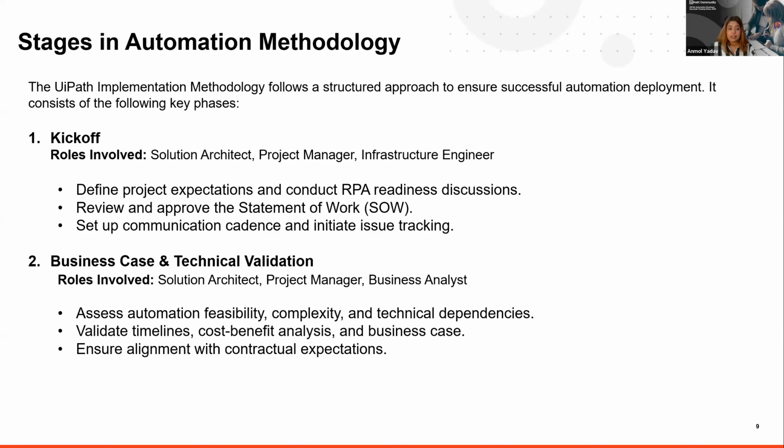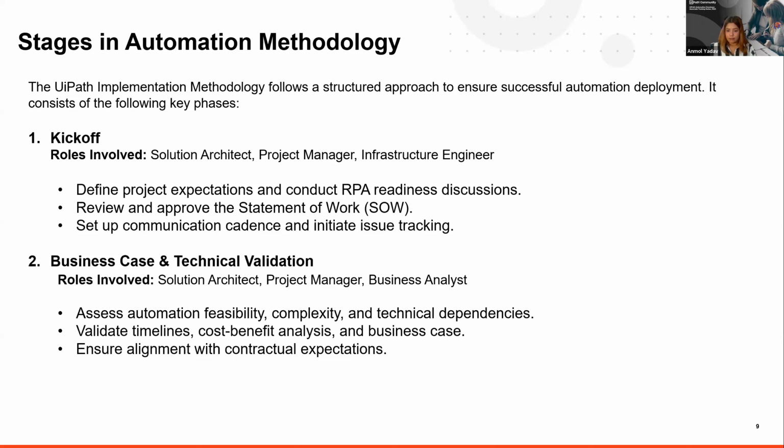We would start with assessing automation feasibility, and the BA would start doing that. The BA would assess the automation feasibility and complexity of the process, and the solution architect would check the technical dependencies. The PM would validate the timelines, the BA would do cost benefit analysis and the business case, and the PM would ensure alignment with contractual expectations.